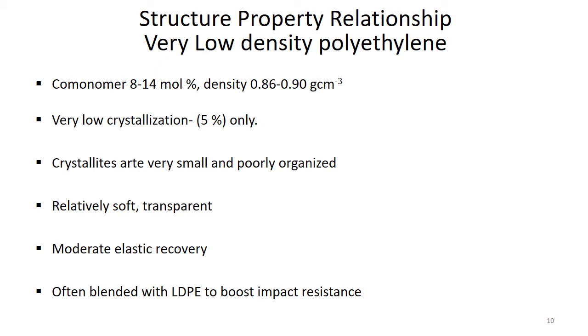At the highest comonomer level, crystallization is slowed down by the branches to such an extent that only 5% of the material crystallizes. We discussed the extent of crystallization before too. Basically, the crystallites are very small and poorly organized.